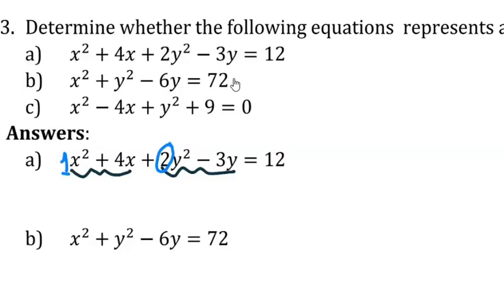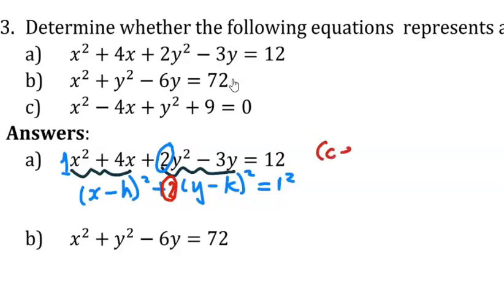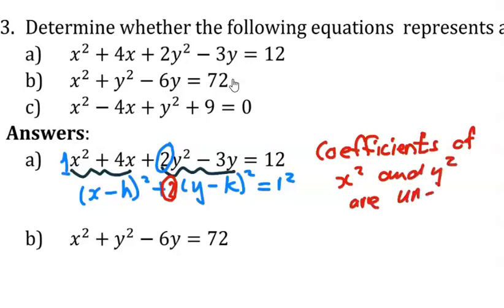So therefore, I cannot have (x − h)² + (y − k)² = r² because of the 2 there. Cannot have that. The coefficients must be the same. Coefficients of x² and y² unequal. So we do not have a circle.